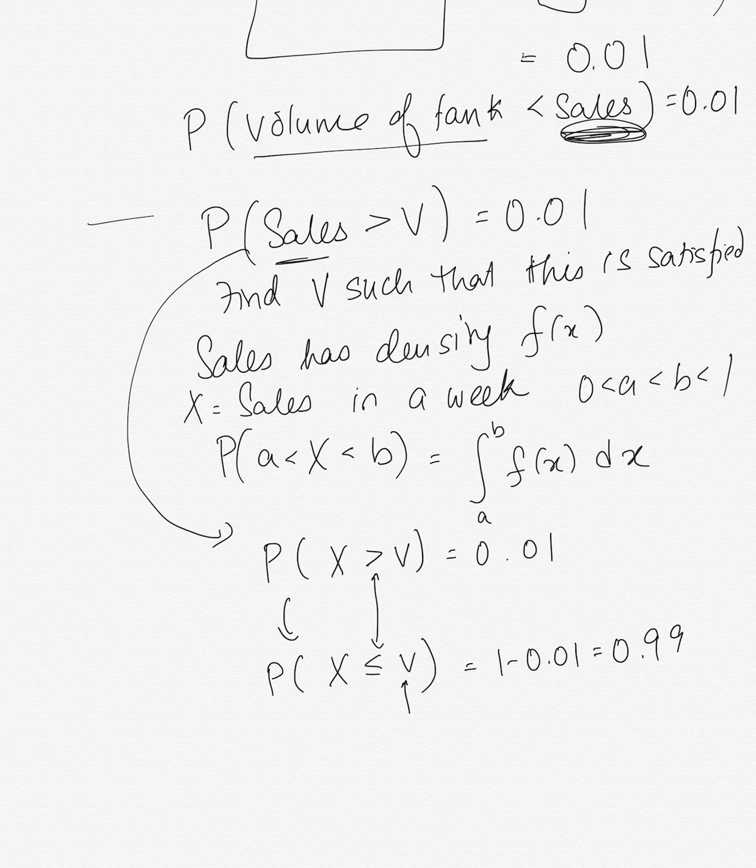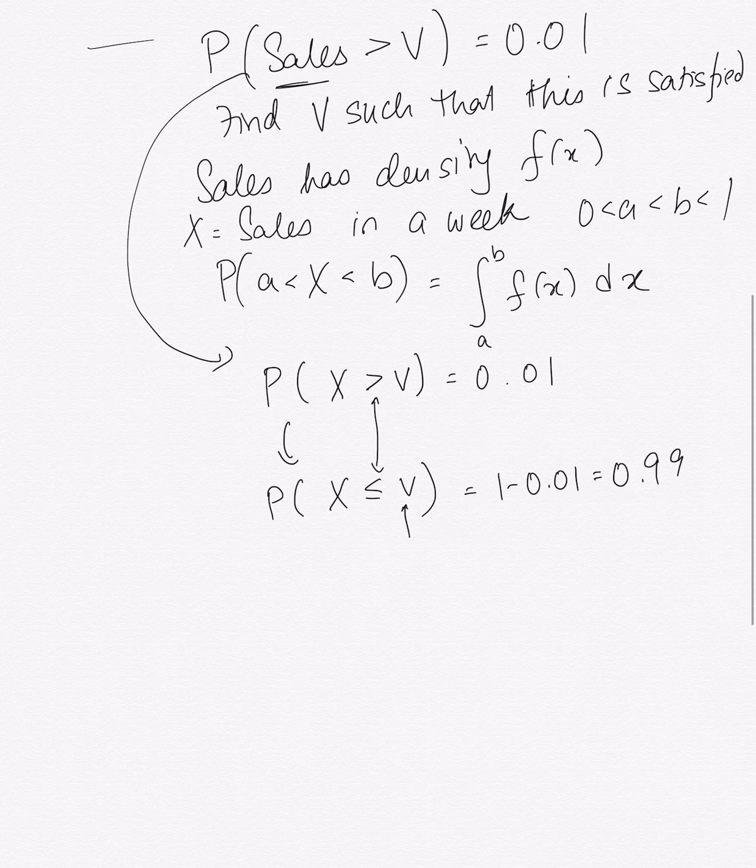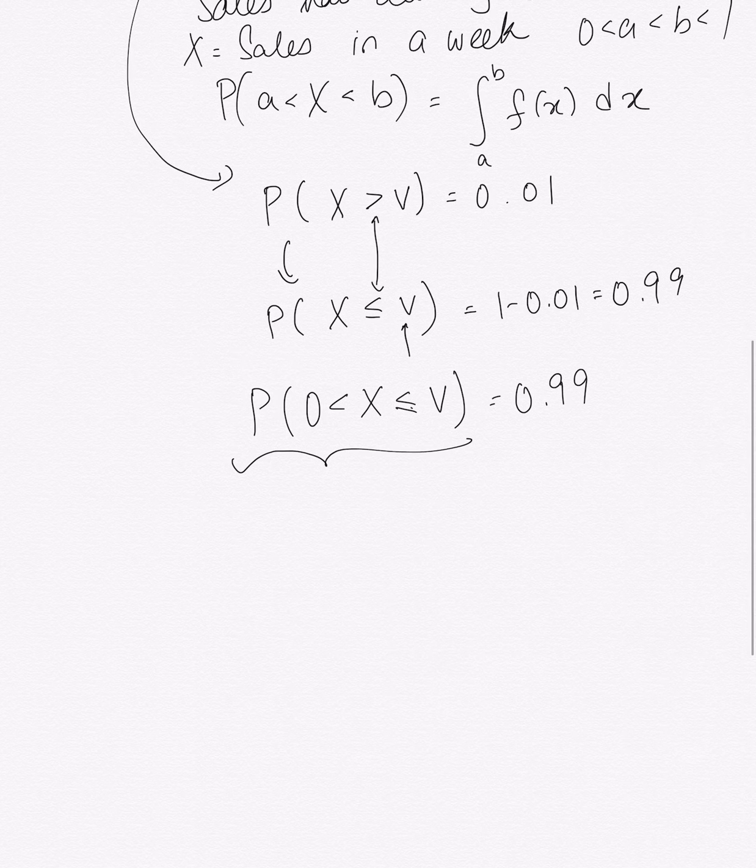So now we need to find a v such that the probability sales is less than or equal to v is 0.99. Well, certainly the sales is going to be bigger than or equal to 0, and you want to find a v such that this is 0.99. Well, what is this? That is going to be the integral from 0 to v of the density.